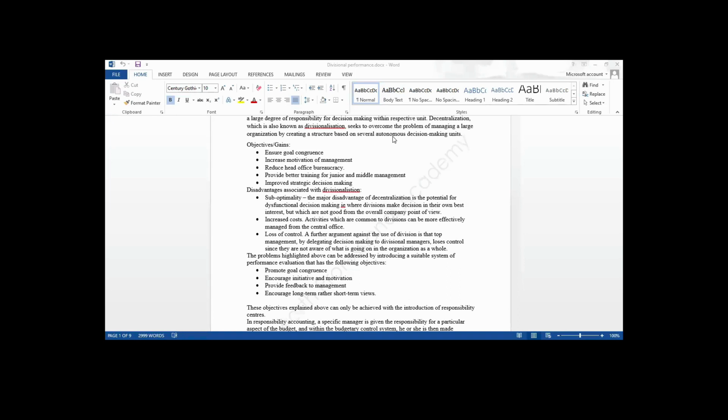The divisional manager of Dangote Cement is seated in Benue State. The person takes a decision that is not in the best interest of the corporate head office. That is what we call suboptimality. You are trying to pursue your own self-interest.